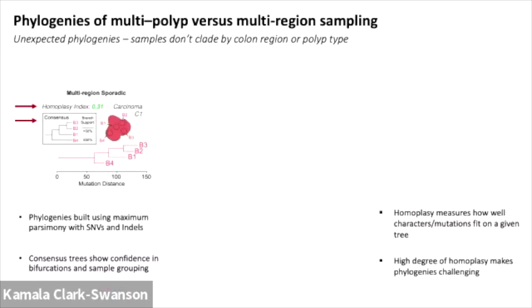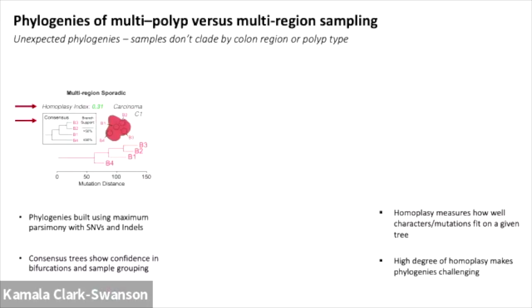Any study of clonal evolution isn't complete without some phylogenies. First I'm going to walk you through the unexpected results we got when we created phylogenies of our samples, by showing you some multi-region sporadic results. This is a single carcinoma with 4 different samples taken from a single polyp.